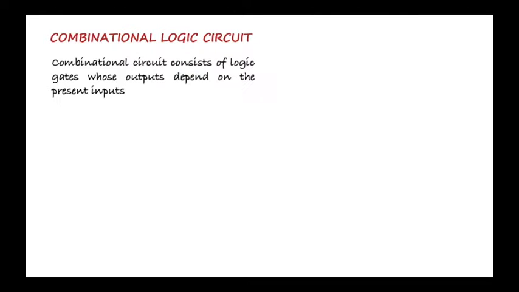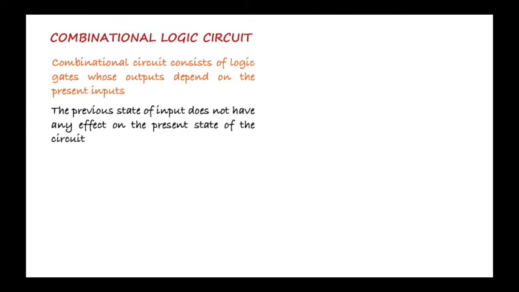Output never depends on the previous input. So we can say the previous state of the input or the output does not have any effect on the present state of the circuit.